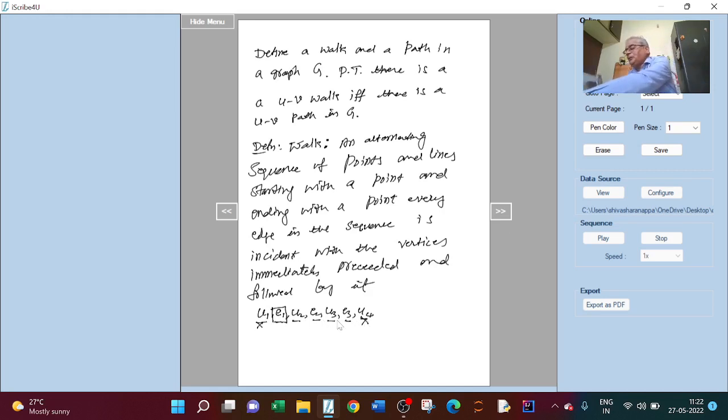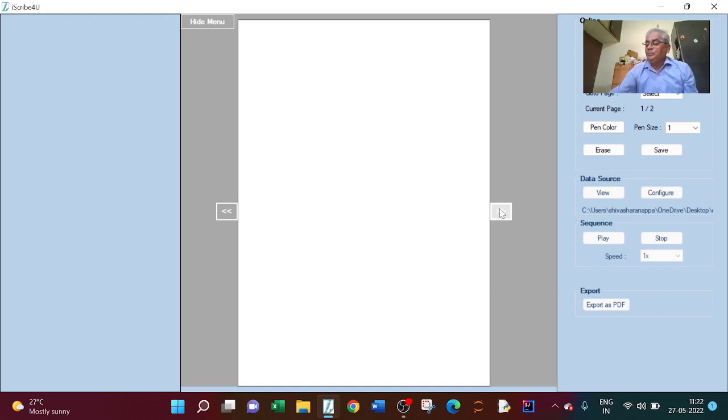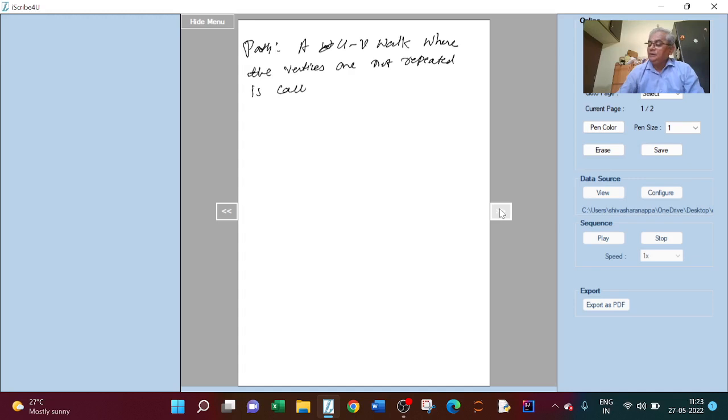So a UV walk where the vertices are not repeated is called a UV path.